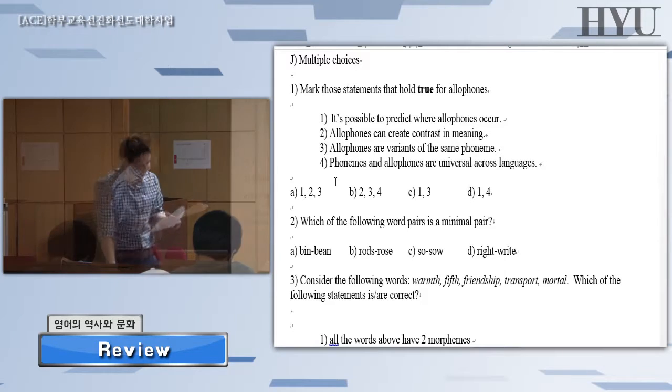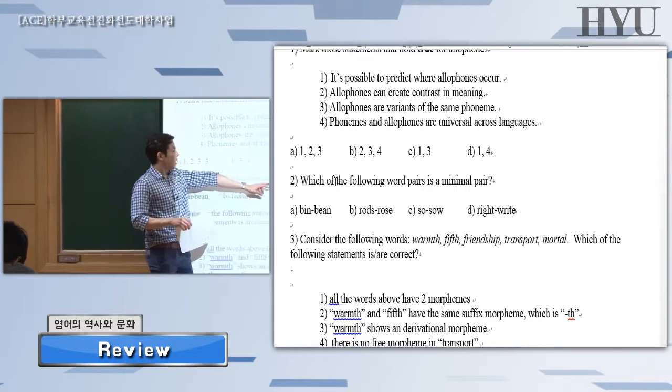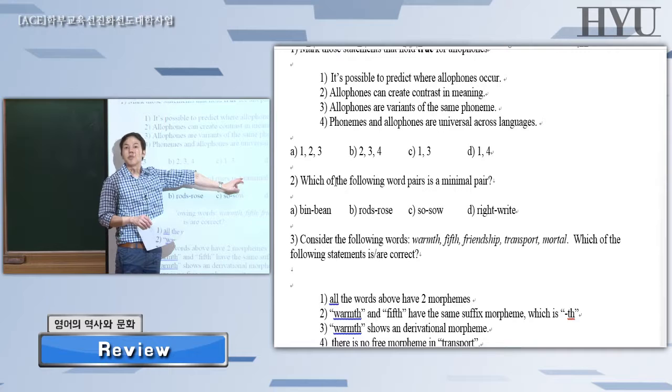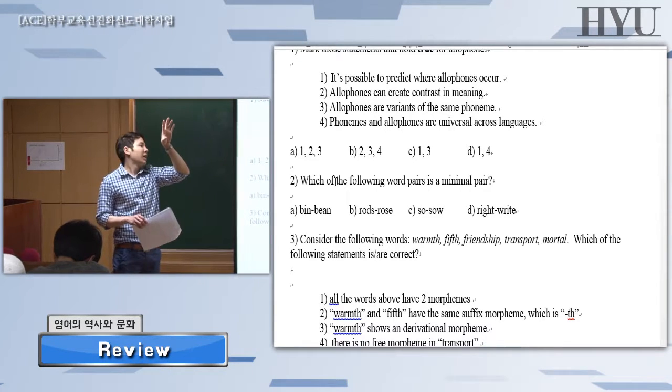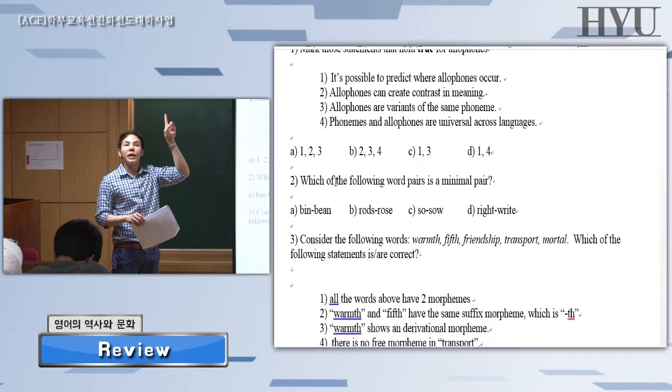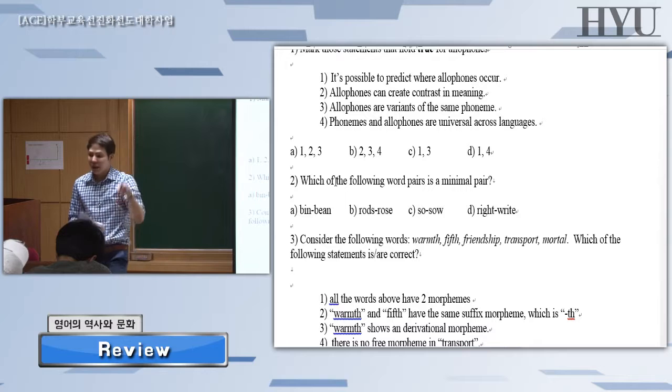Part J. For number 2, minimal pair. You guys know minimal pair, right? A minimal pair is a set of words that differ in only one thing, that differ only in one respect, okay?